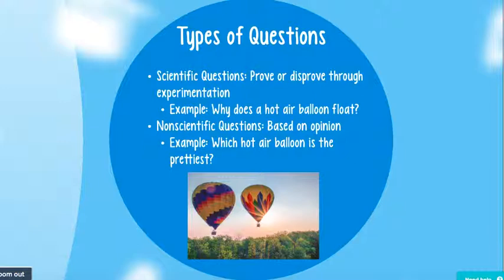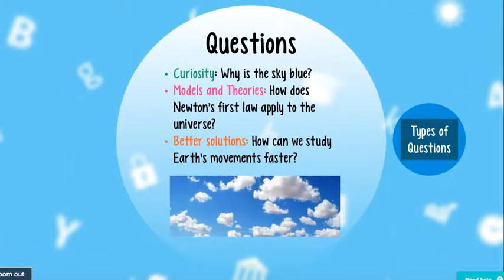Well, we could study or test hot air balloons to figure out why they float. Non-scientific questions deal more with opinion and they can't be tested. For example, if I ask the question, which hot air balloon is the prettiest? Pretty is more of an opinion and there's no way we can test that. So those are the different types of questions.